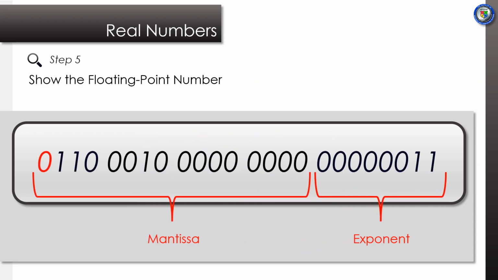Our fifth and final step will be to show our entire floating point number by placing our mantissa and our exponent next to each other to show the entire 24 bits that we have been asked to represent. 16 bits for our mantissa and 8 bits for our exponent.